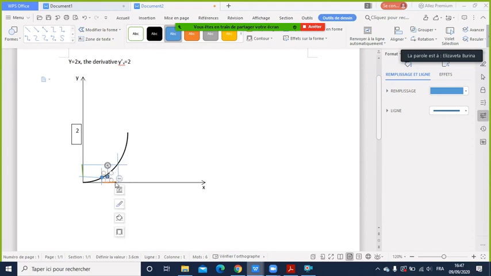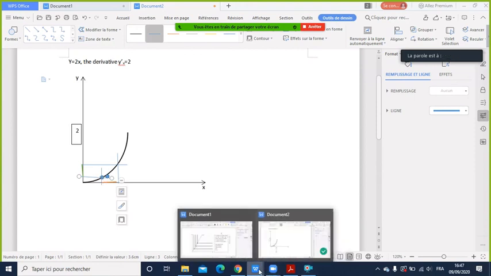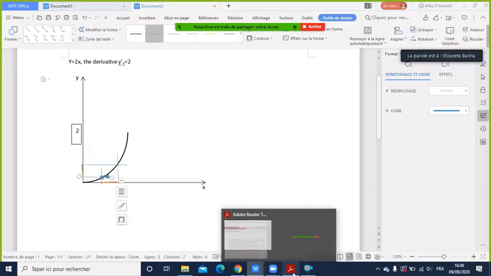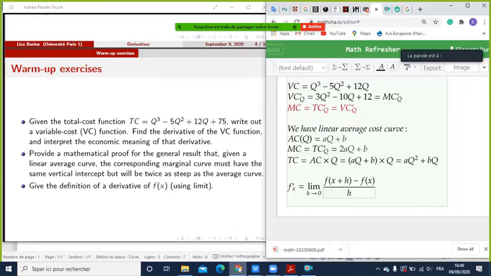Given I'm trying to decrease this h as much as possible, I'm saying that it tends to 0. And then I'm going to end up with a limit that I'm trying to calculate of this ratio. And that will give me the value of the derivative at this exact point.